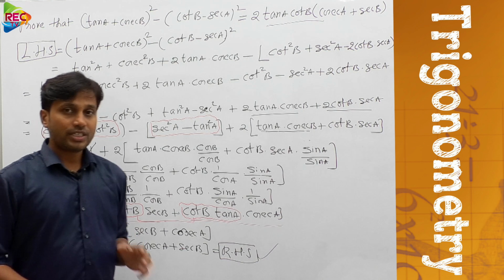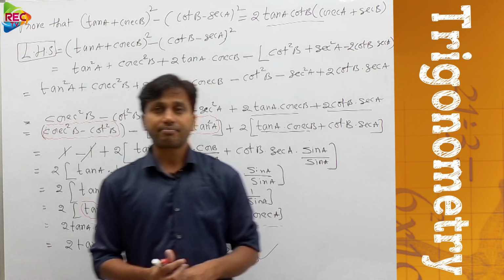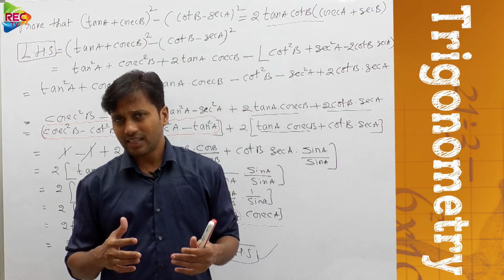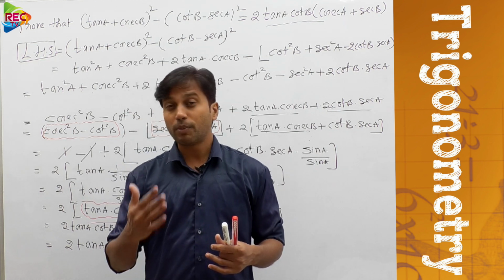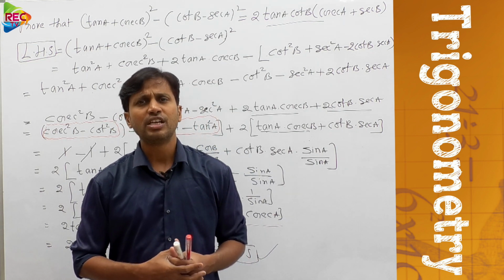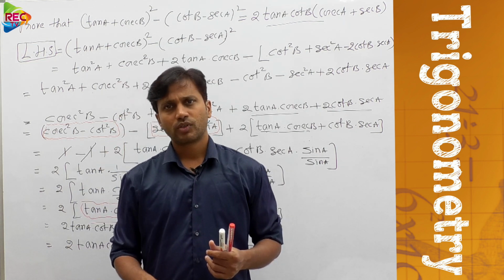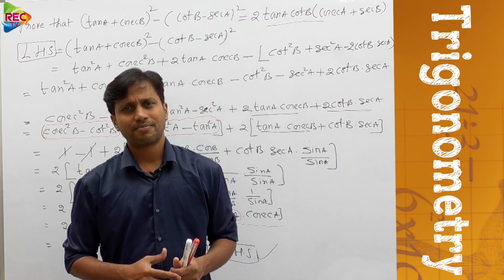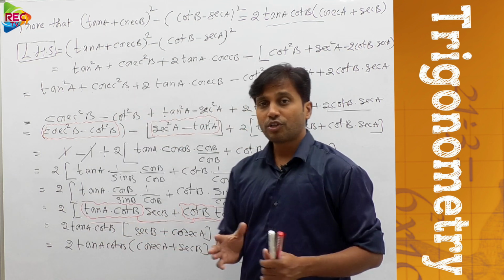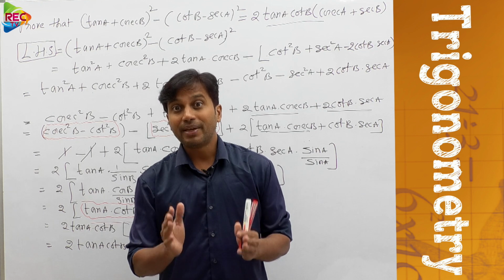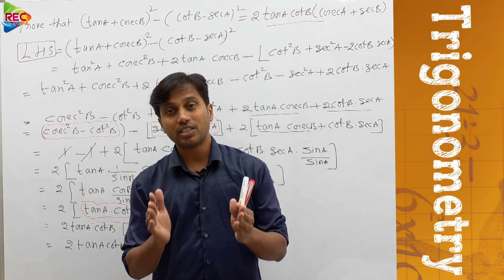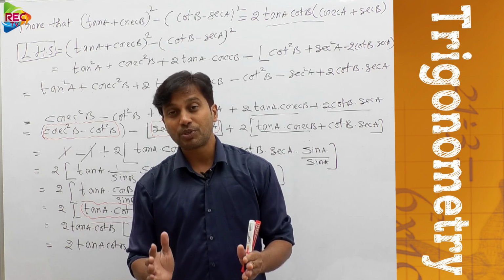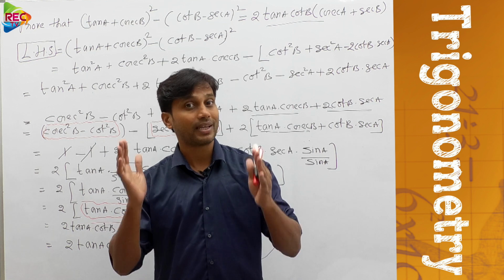So dear students, while solving problems based on trigonometric identities, you need to think smart. There is nothing else. You must have a grip of the basic trigonometric identities and basic algebraic formulas or identities like a plus b whole square, a minus b whole square, a cube minus b cube, and such.